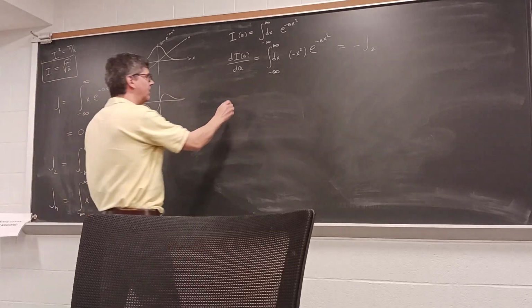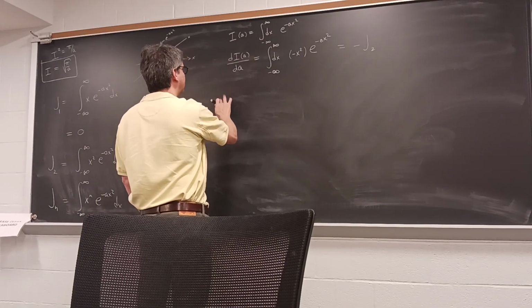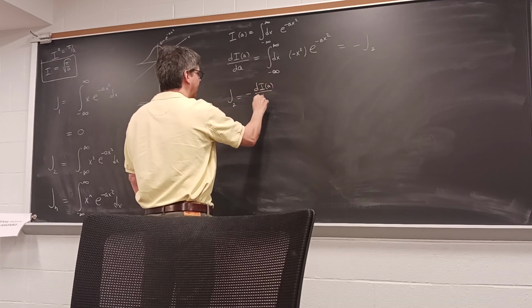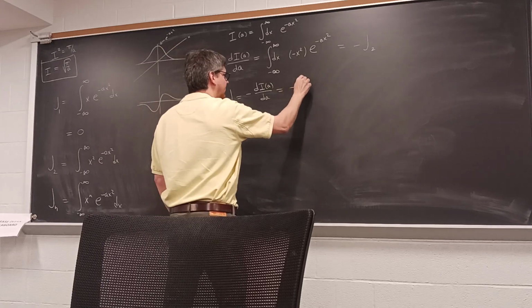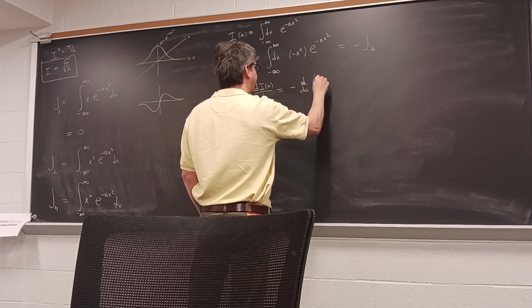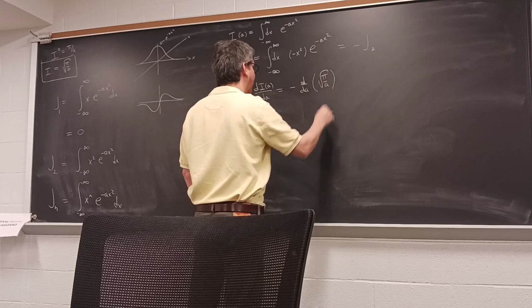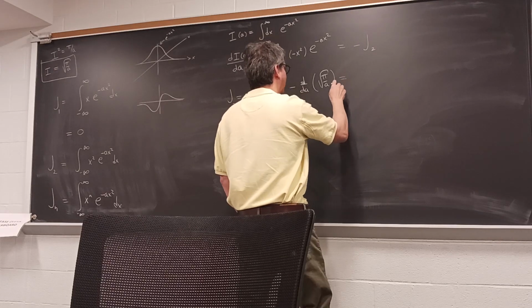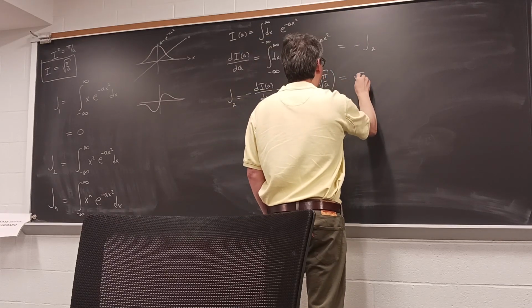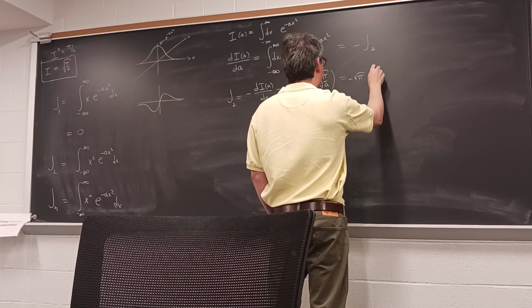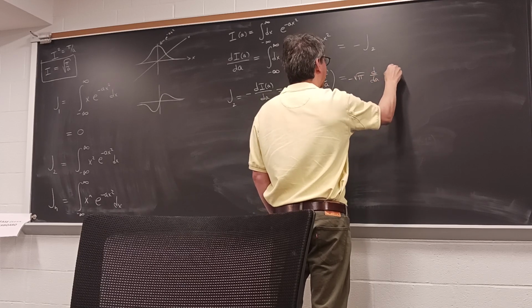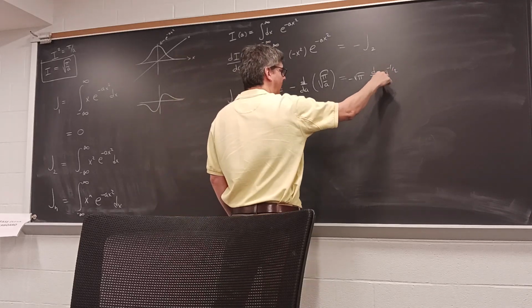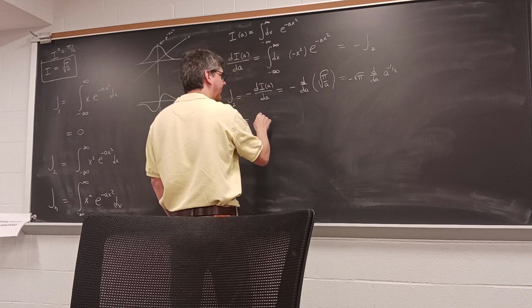So J2 is equal to minus dI/da, that's minus the derivative with respect to a of the square root of pi over a, which is easy enough. The square root of pi just comes out, and then we've got the minus sign, and d by da of a to the minus a half, which is 1/2 a to the minus 3/2.